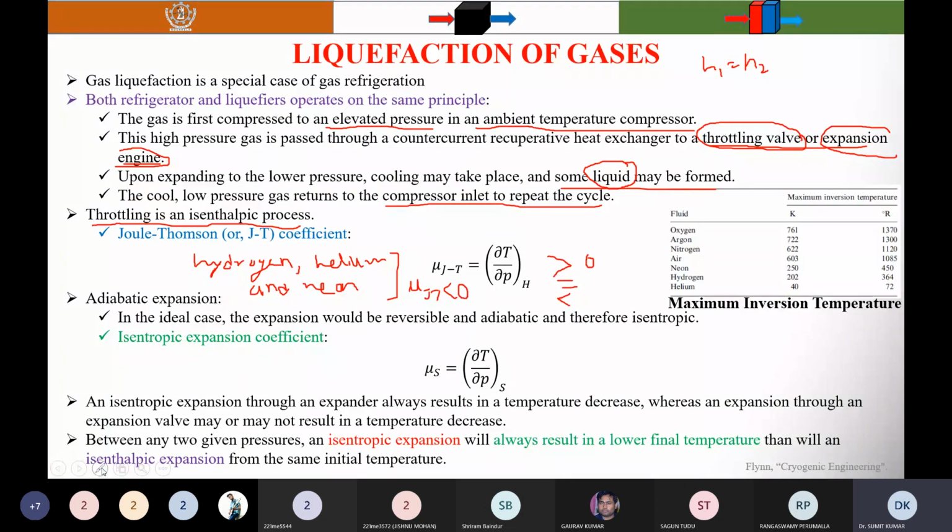Okay. So if you want to use hydrogen, helium, and neon as a coolant, then first you need to pre-cool them. If you want to use these gases as a refrigerant, then first you need to pre-cool either by a separate pre-coolant fluid or by a work producing expansion engine to a temperature below which the JT coefficient is positive.